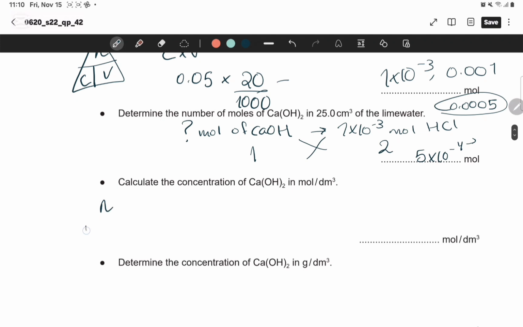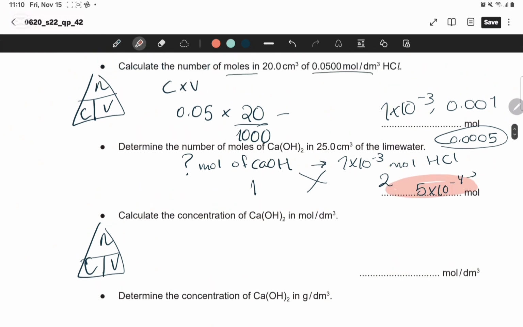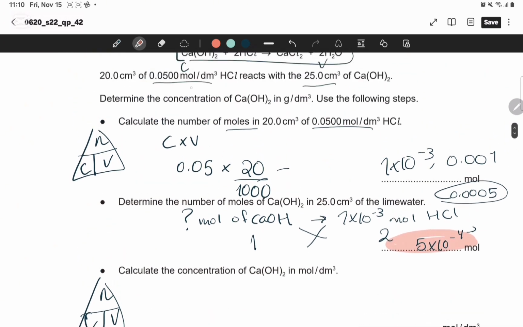Calculate the concentration of Ca(OH)2 in moles per decimeters cubed. So we're going to use the triangle. We found the moles here, and the volume is given to us over here.